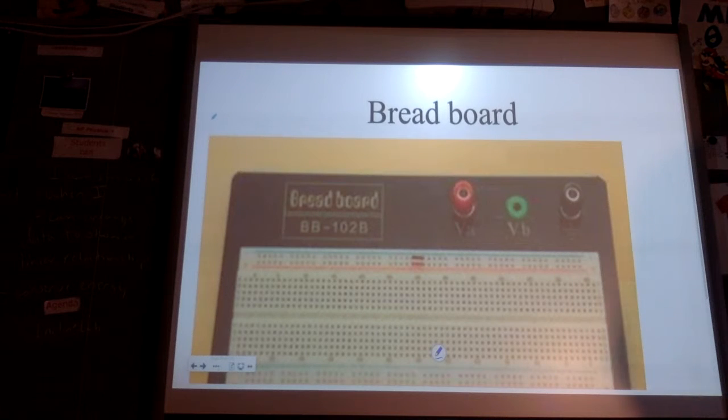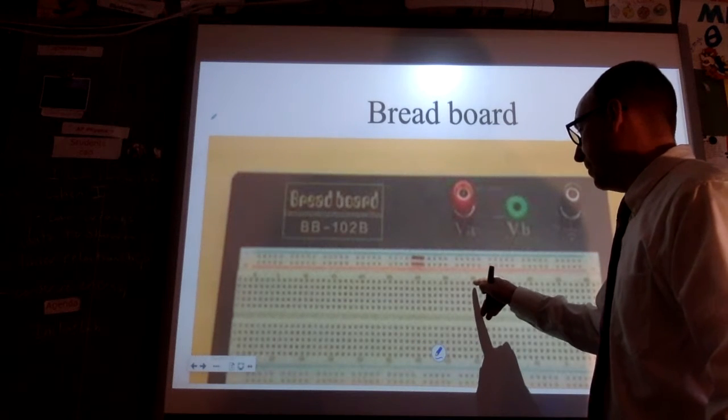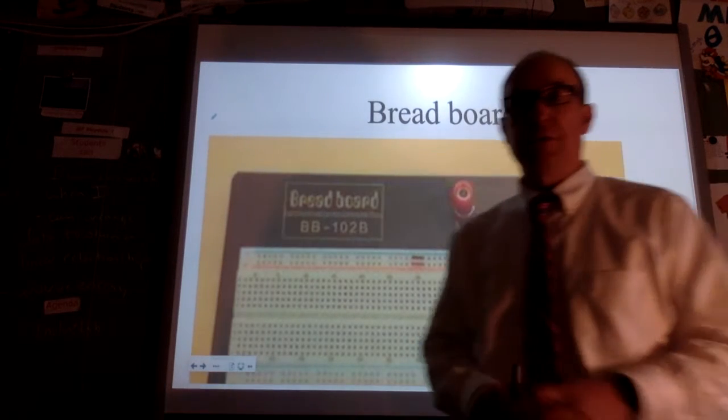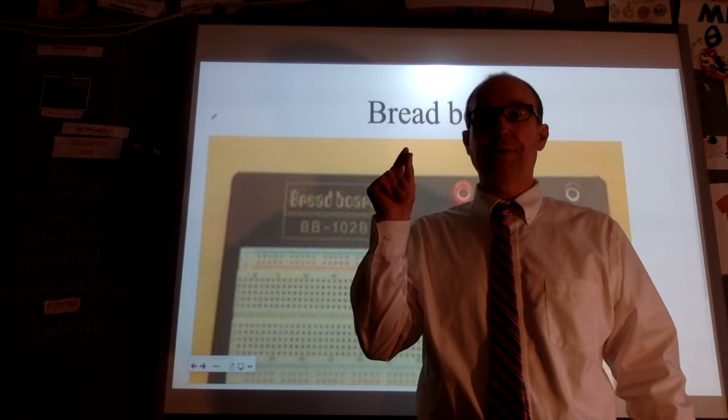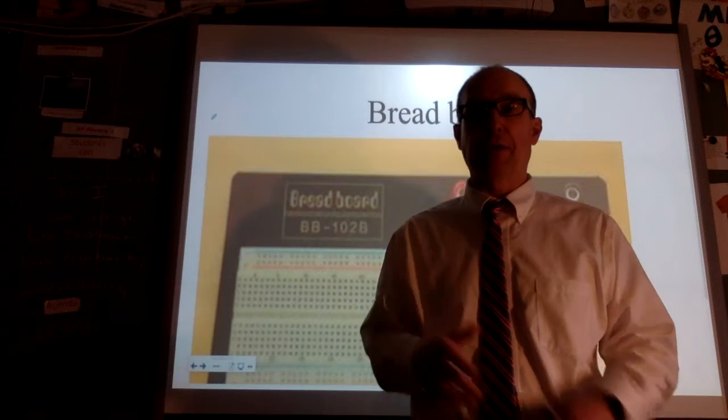All right, so instead of soldering or twisting the wires together or connecting them in other ways, we're going to have a breadboard. Inside of here, where you can't see, inside those little holes are two metal springs. If you put something in there, it'll be held in place by those metal springs.